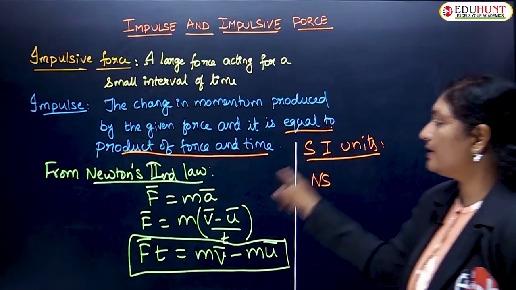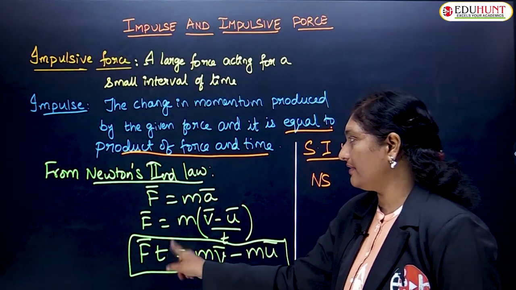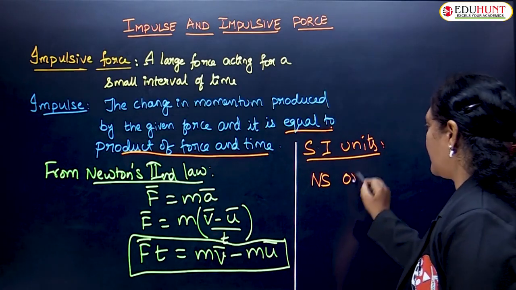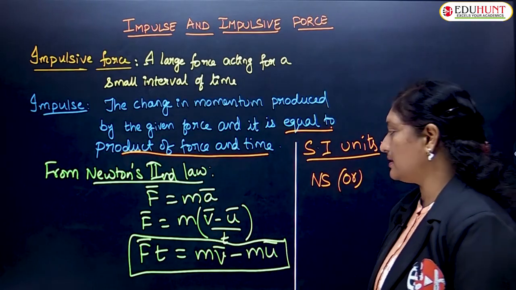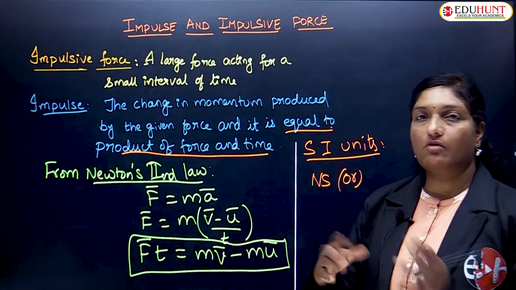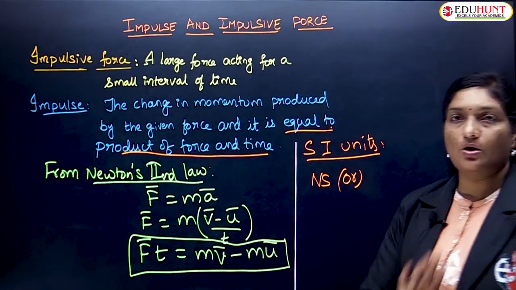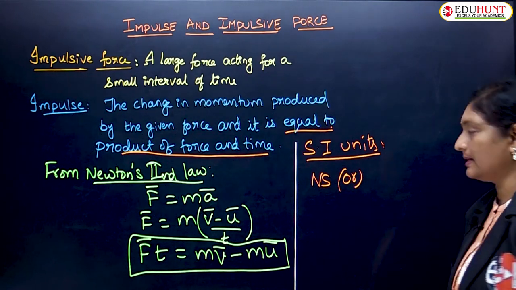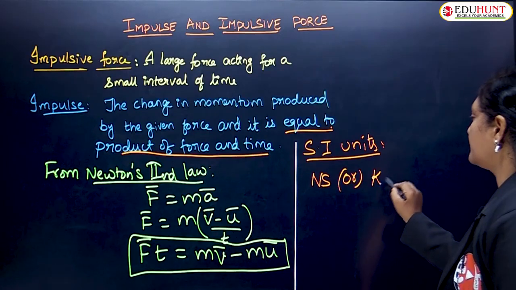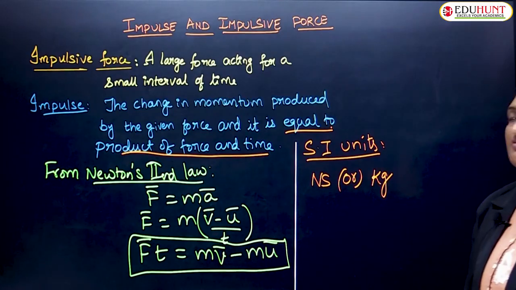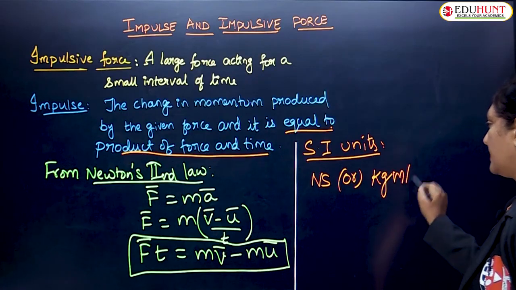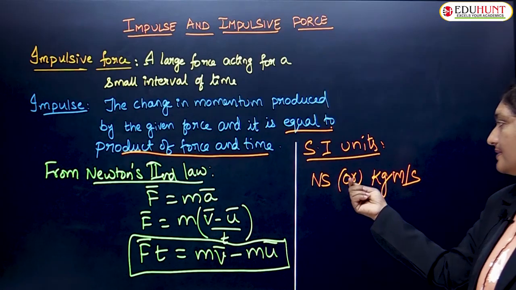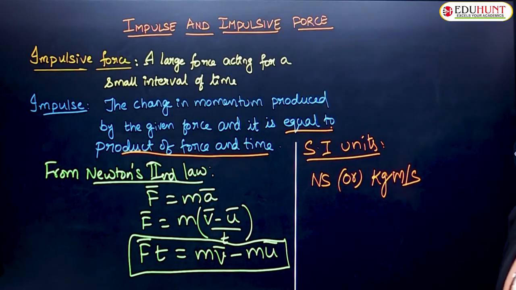So the SI unit of impulse, F into t, is Newton second. Or it can also be written as change in momentum. Whether it is a change or whatever it is, the physical quantity here is momentum. Momentum is the product of mass and velocity. For mass we measure in the SI system in kg, whereas velocity we measure in meter per second. Hence the SI unit of impulse is either Newton second or kg meter per second.